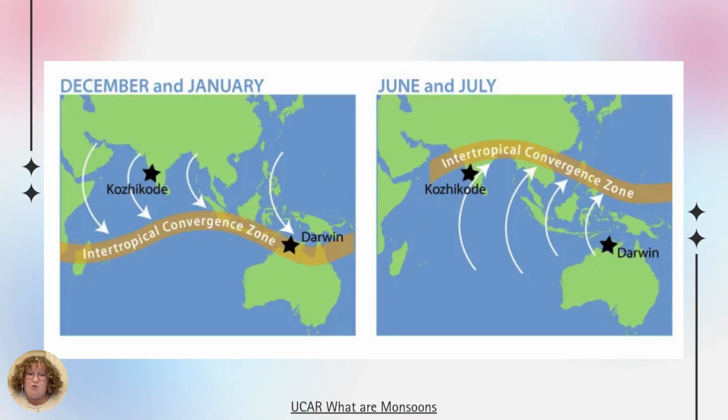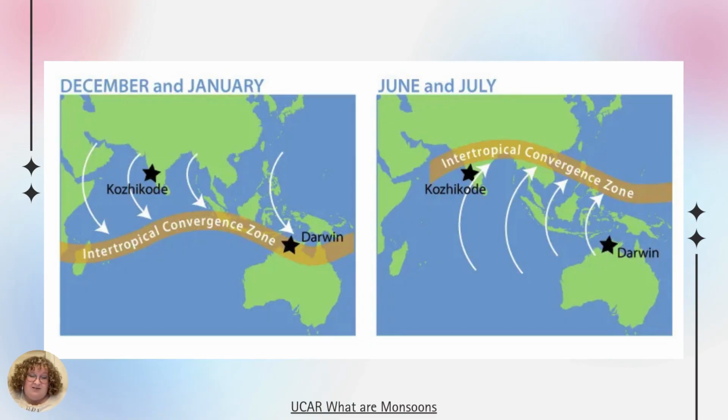And this is important because not only do we get these general flows from the sun affecting the weather and affecting where the weather's coming from, this intertropical convergence zone is also impacting some weather phenomena.